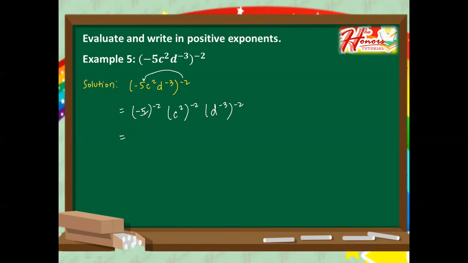So negative 5 raised to negative 2 is equal to negative 5 raised to negative 2. And then we have here c raised to 2 raised to negative 2. So that is c raised to 2 times negative 2, that's negative 4. And then for d, we have here negative 3 times negative 2, that's positive 6.